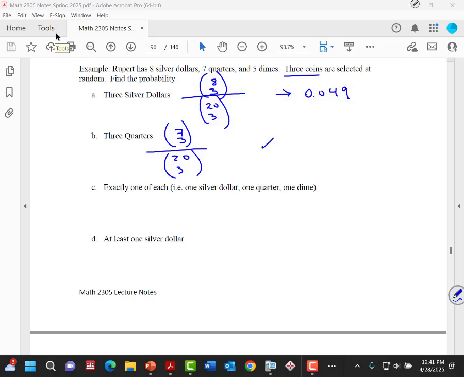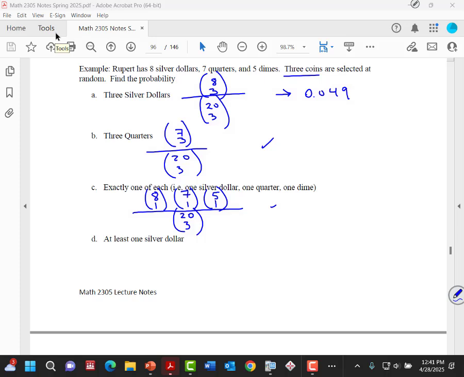So from the 8 silver dollars, choose 1, times from the 7 quarters, choose 1, times from the 5 dimes, choose 1, out of how many total outcomes? From the 20 total coins, choose 3. And I'd compute those combinations, get a numerator, get a denominator, divide it out, and get some answer.